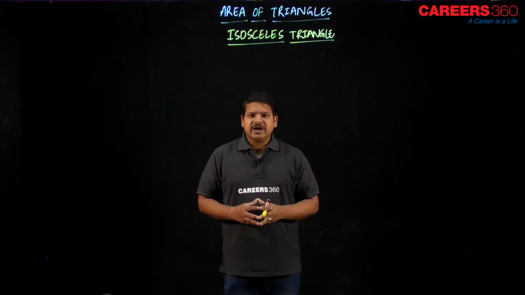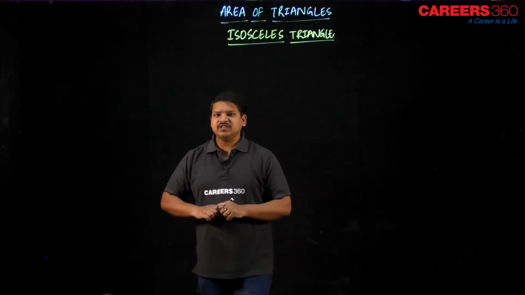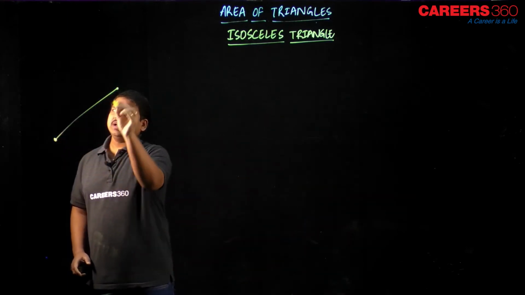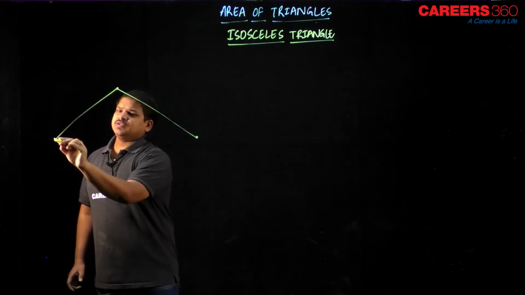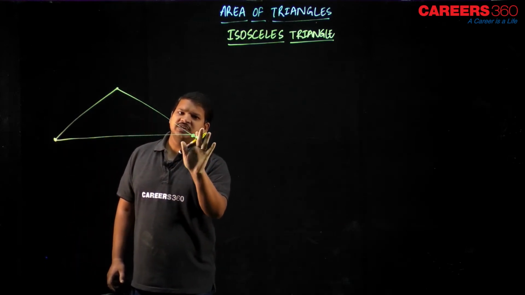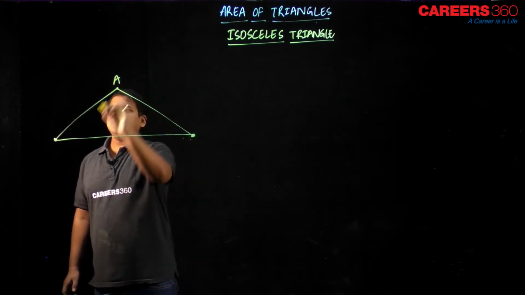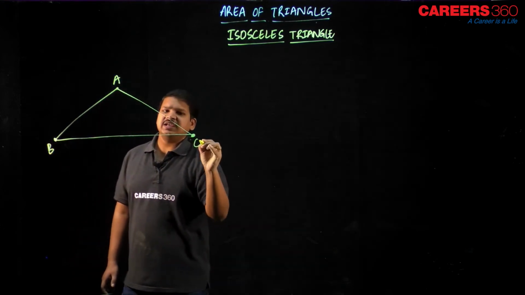So let us have a look at how to find out the area of an isosceles triangle, and again the same analogy will be applicable over here. Let's say this is an isosceles triangle, and as you can see in an isosceles triangle, two sides are the same actually.